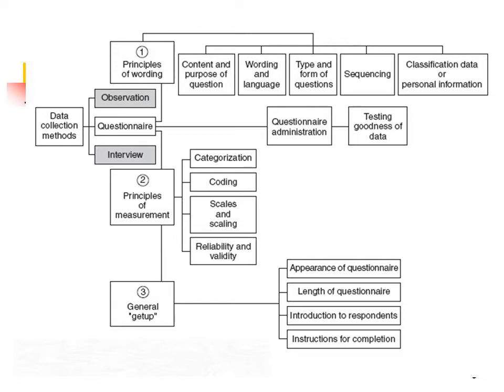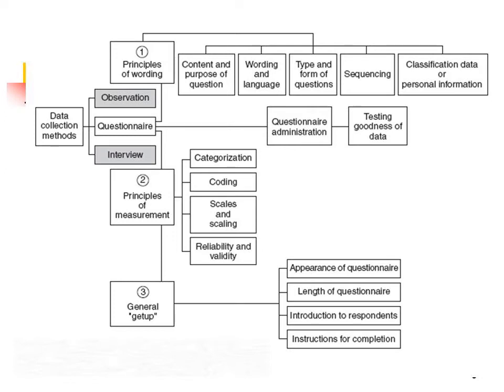Data collection methods basically have some principles and some approaches. When the researchers adopt a questionnaire approach, there are some principles. Principle of wording: content and purpose of questions, wording and language, type and form of the questions, sequencing and classification, and personal information.